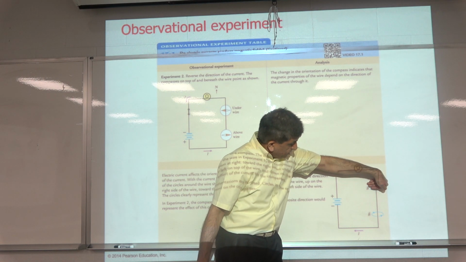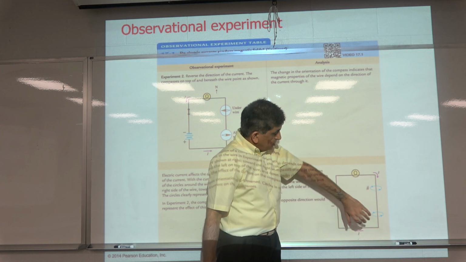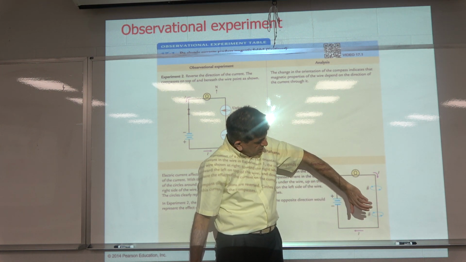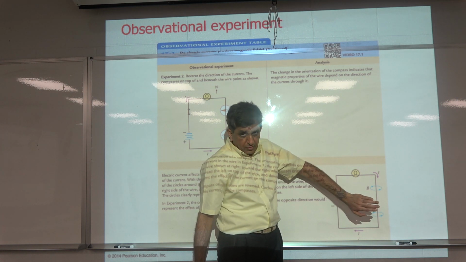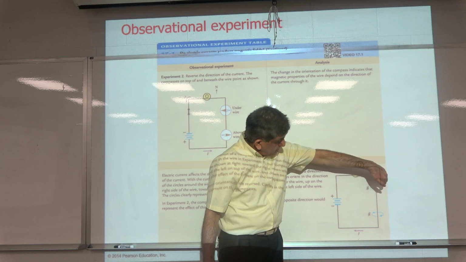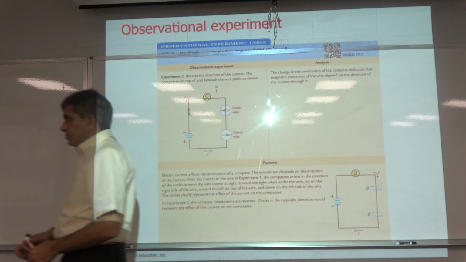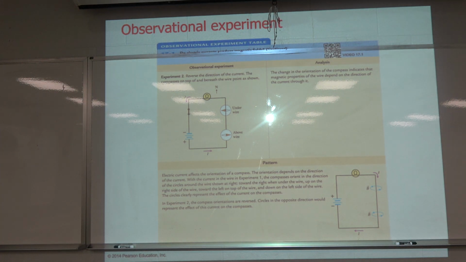Below the wire, the magnetic field goes from north to south, and above the wire, it goes from north to south as well. So at the top and the bottom of the wire, the magnetic field changes.